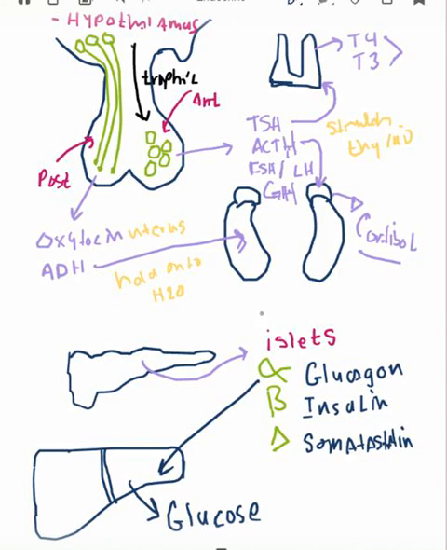The thymus gland and thymosin, which is important particularly in younger people when we talk about the maturation of the T lymphocytes. But these are the major hormones that we've talked about, and many of the more common metabolic or endocrine disorders come from an imbalance of one or more of these hormones.